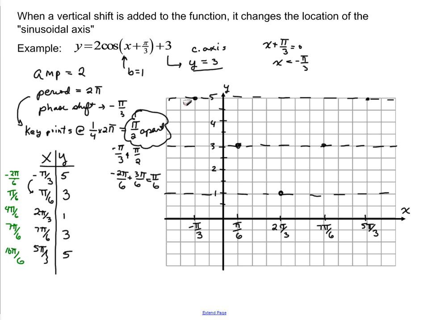So here's one cycle of this cosine function passing through each of these key points, but shifted upward from 0.